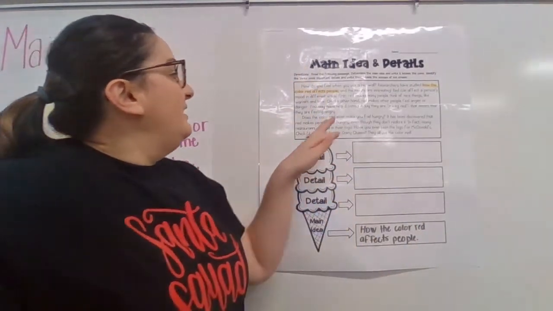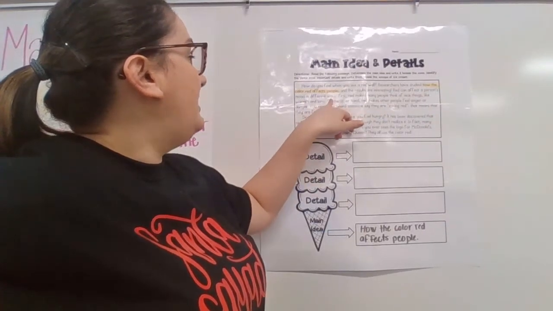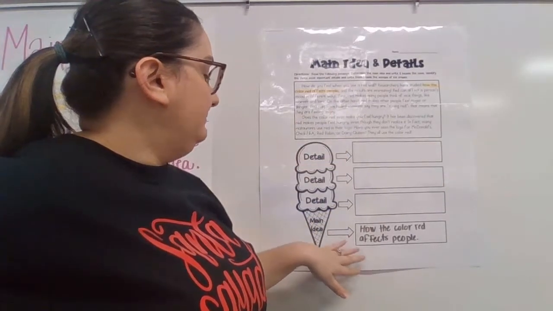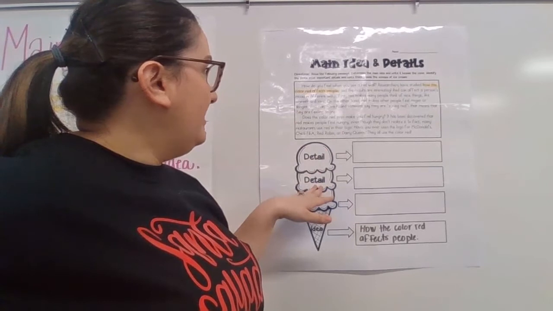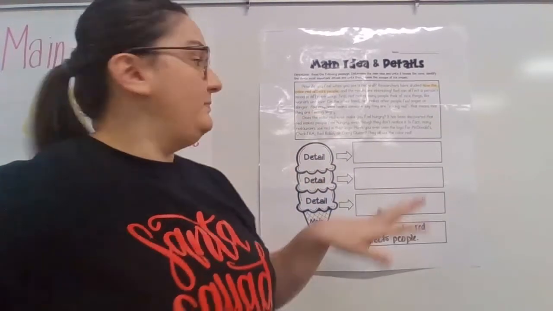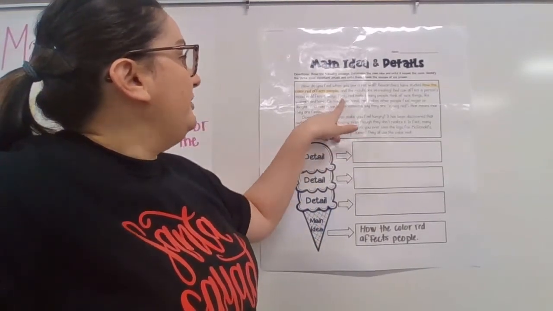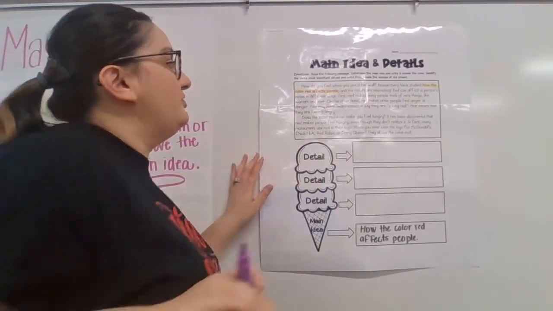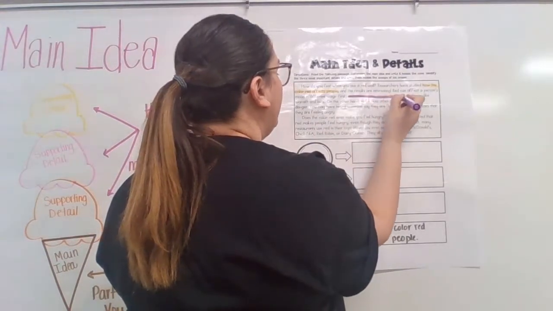Red can affect a person's mood in different ways. That's not really a detail because it's talking about different things besides just moods; it also talks about how it makes them feel hungry. First, red makes people think of nice things like warmth and love.